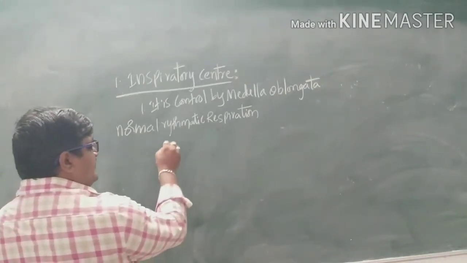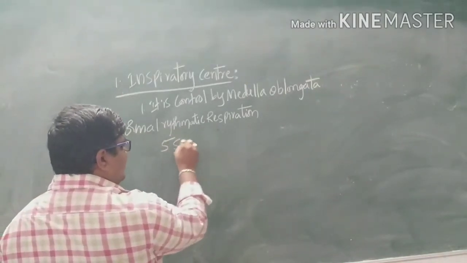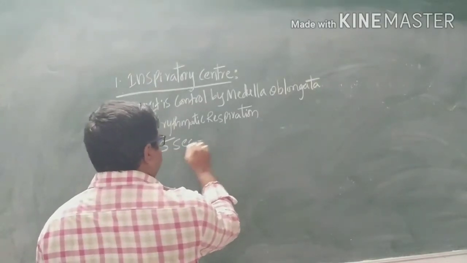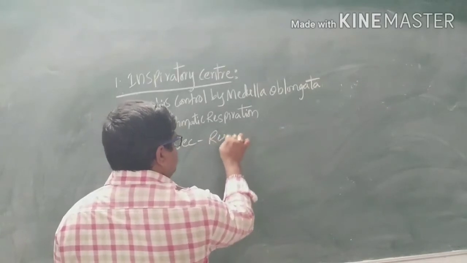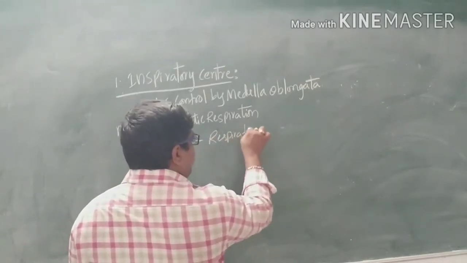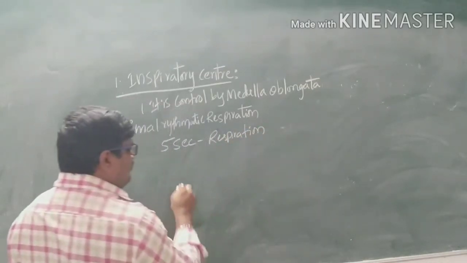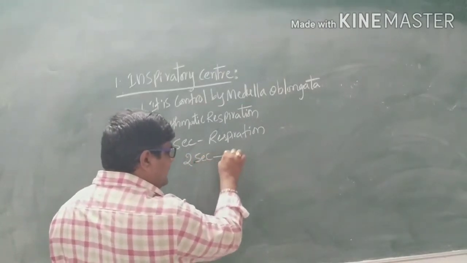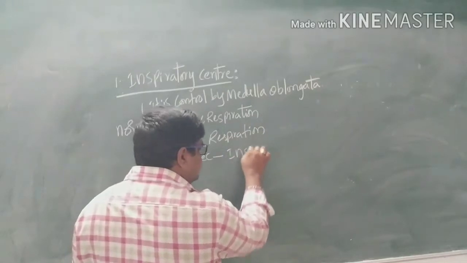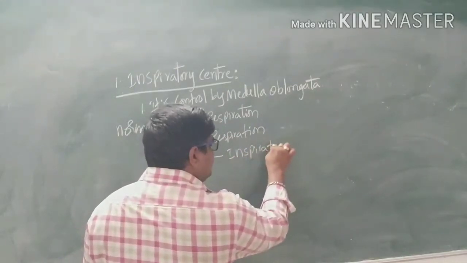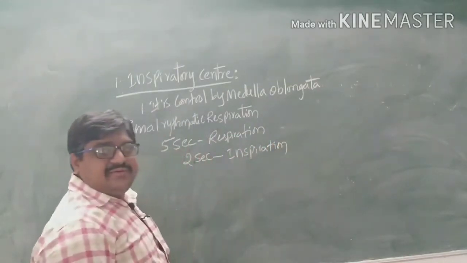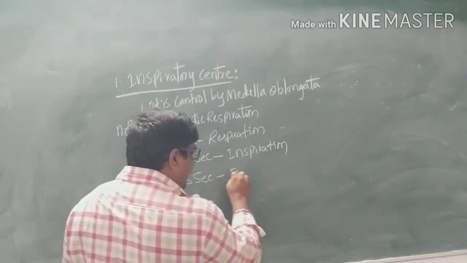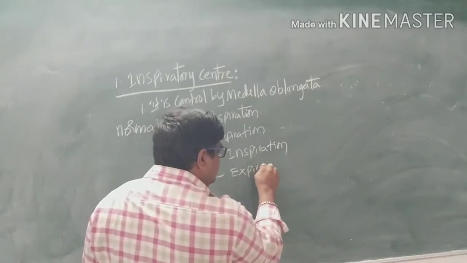In normal rhythmic respiration, the total respiration takes 5 seconds. Out of these, 2 seconds are taken by inspiration and 3 seconds are taken by expiration.